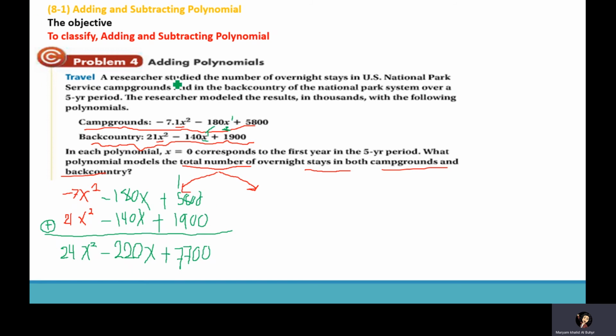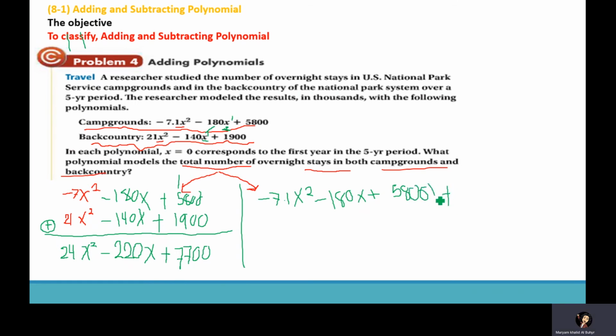That's it. Sometimes you won't have them in this shape. You might have them like this. For example, you will see them like this: 7.1 x to the power 2 minus 180 x plus 5080.